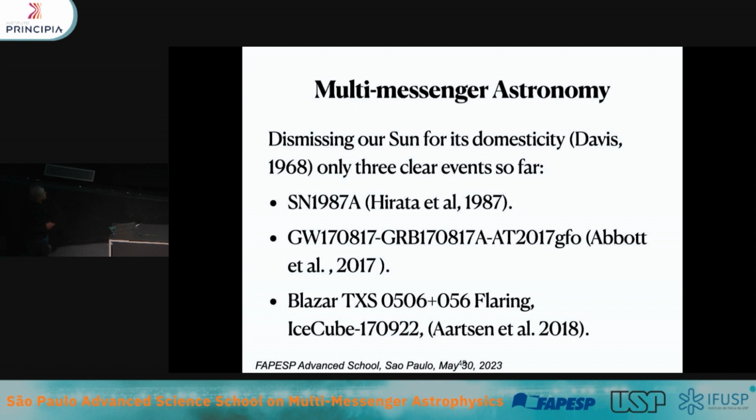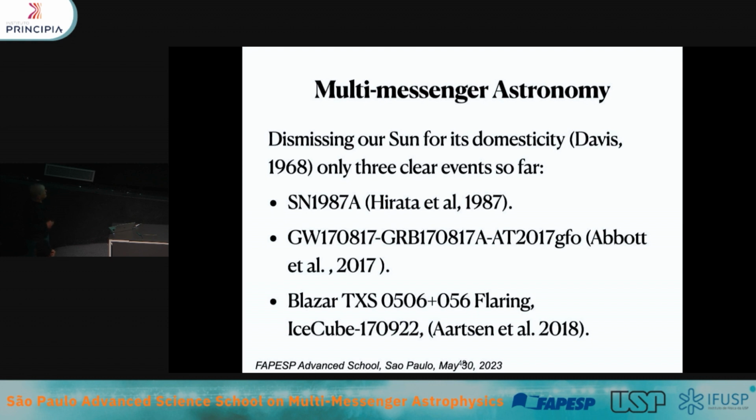So probably the first experiment in multi-messenger astronomy is our sun, right? 1968, the first neutrinos detected by Davis. But if you don't want to count this, then you have supernova 1987A, which was photons and neutrinos in 1987.